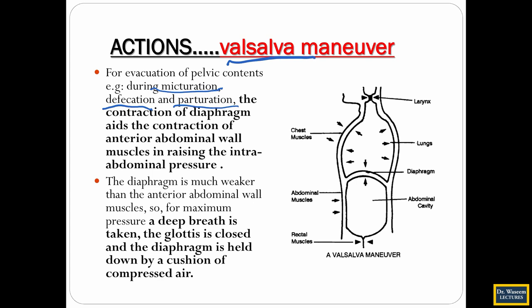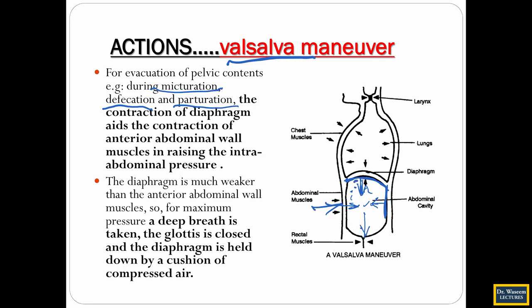Not only this, simultaneously you are contracting your anterior abdominal wall muscles also, so you see pressure here, and at the same time the diaphragm is depressed down. Behind, it is already tough. So all your pressure will be shifted downward. Why will the diaphragm not be pushed up when I am putting pressure here?